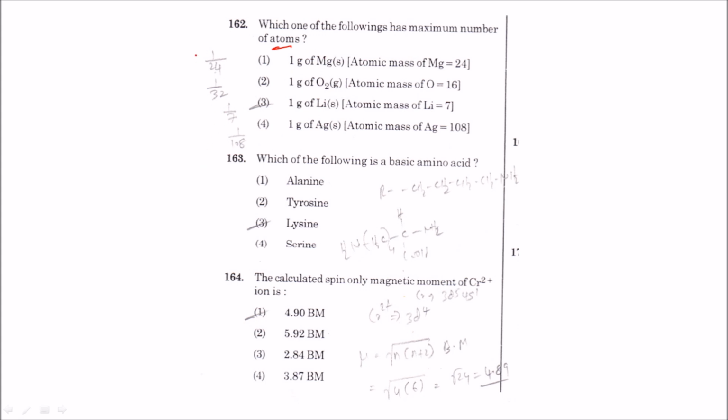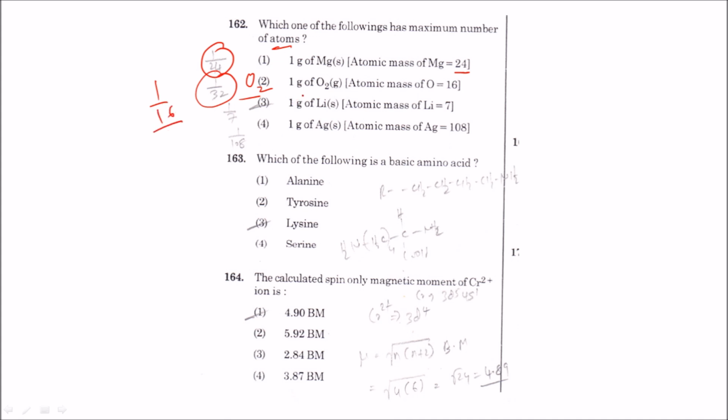At first, for magnesium we can take 1 by 24, atomic mass is given, 1 gram given, so 1 by 24 is the number of moles of magnesium. For O2, 1 gram by 32 is the number of moles of O2. For oxygen atoms it will be 1 by 16.